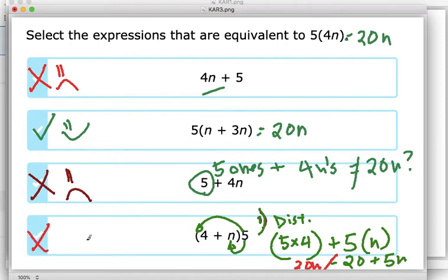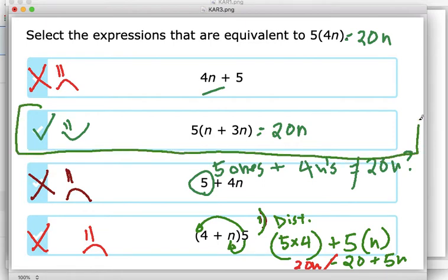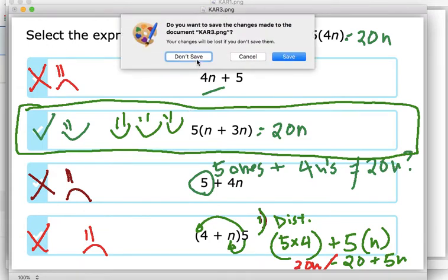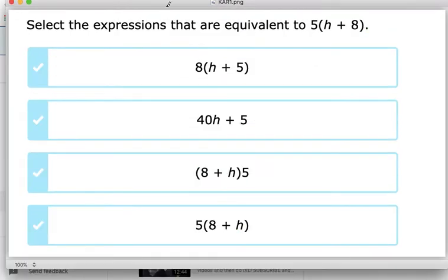This does not work. We're not happy. So the only one that you would have selected is this one, number 2. Happy, happy, happy. All right, let's move on and do the last one. Let's not save this. That Jerwin asked about.